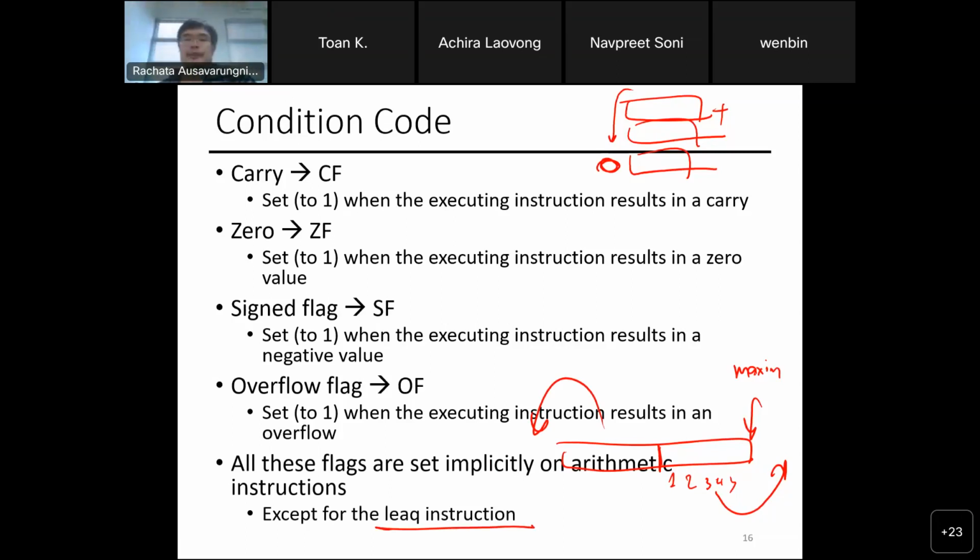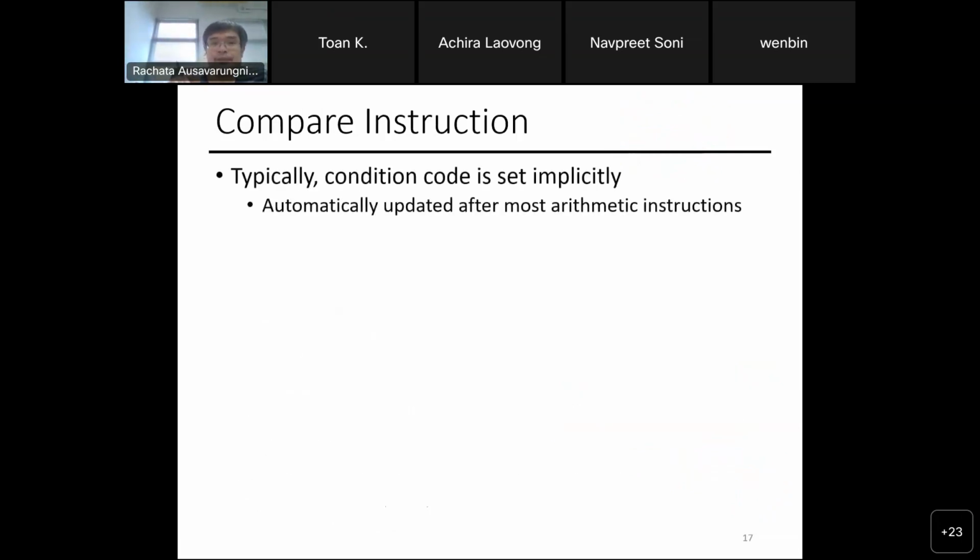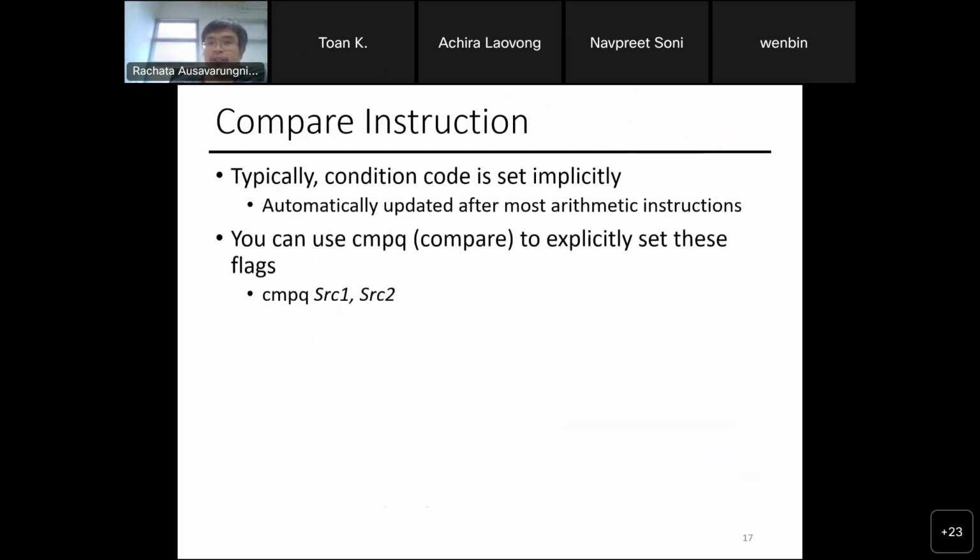Let's say I add the two numbers together and it results in a carry. The carry flag by default will be set to 1, so that a conditional instruction can check the carry or the 0 flag later. You can also set these flags manually by using the compare instruction, like compare source 1 and source 2.